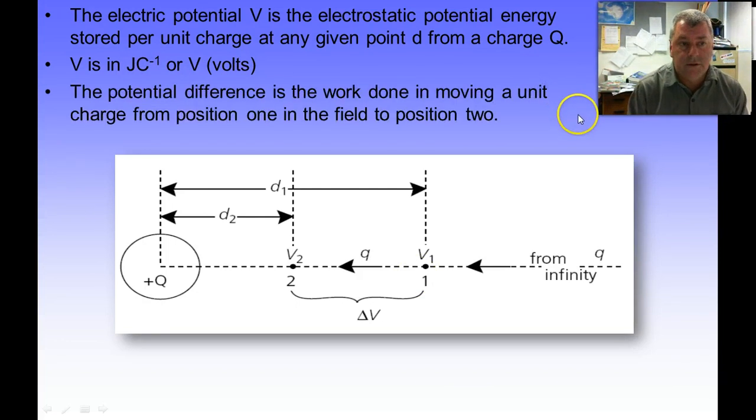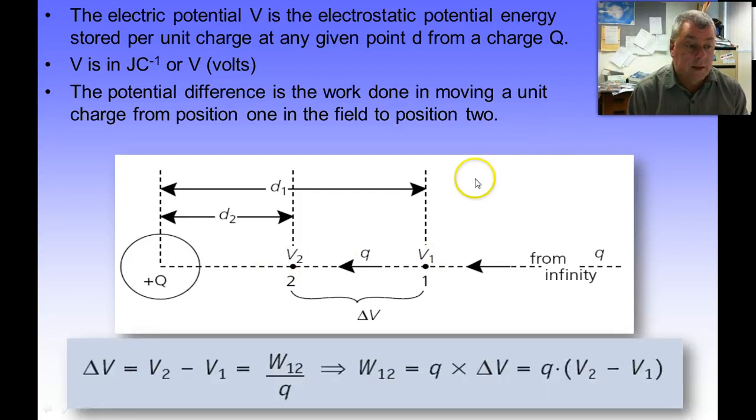And the potential difference is the work done in moving a unit charge from position 1 in the field to position 2. So from there to there. So it's changing its position in the electric field, and so work is being done. And so we can look at this calculated thing.